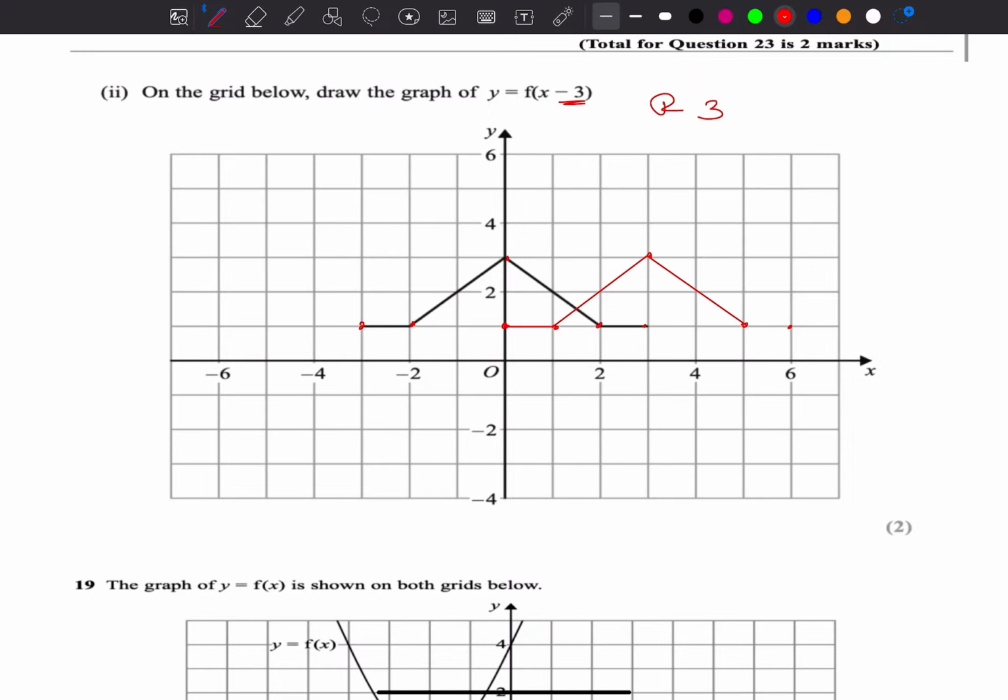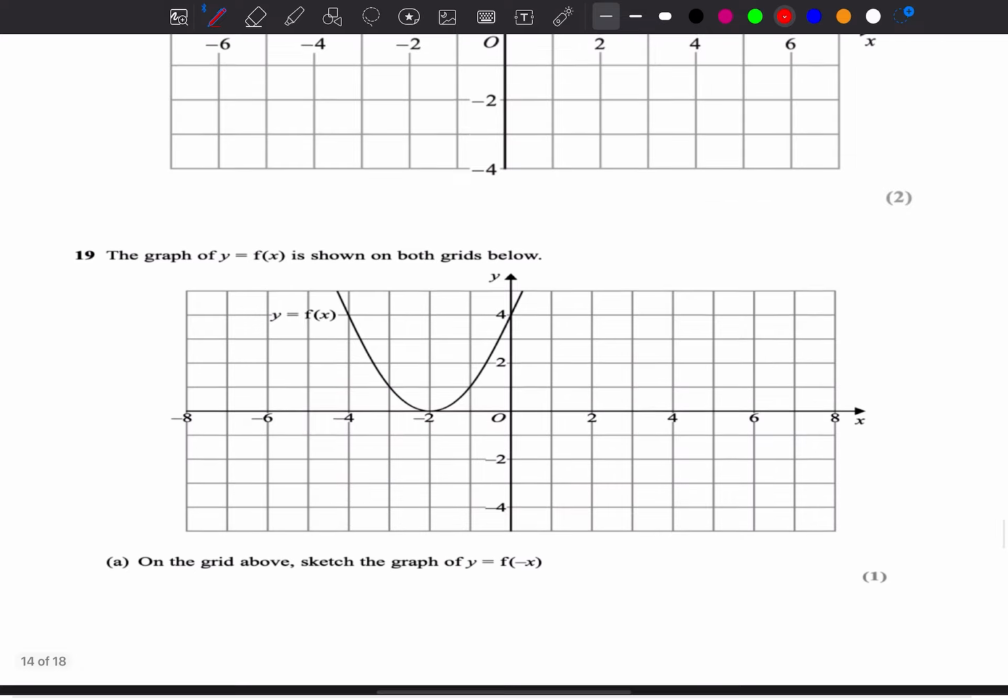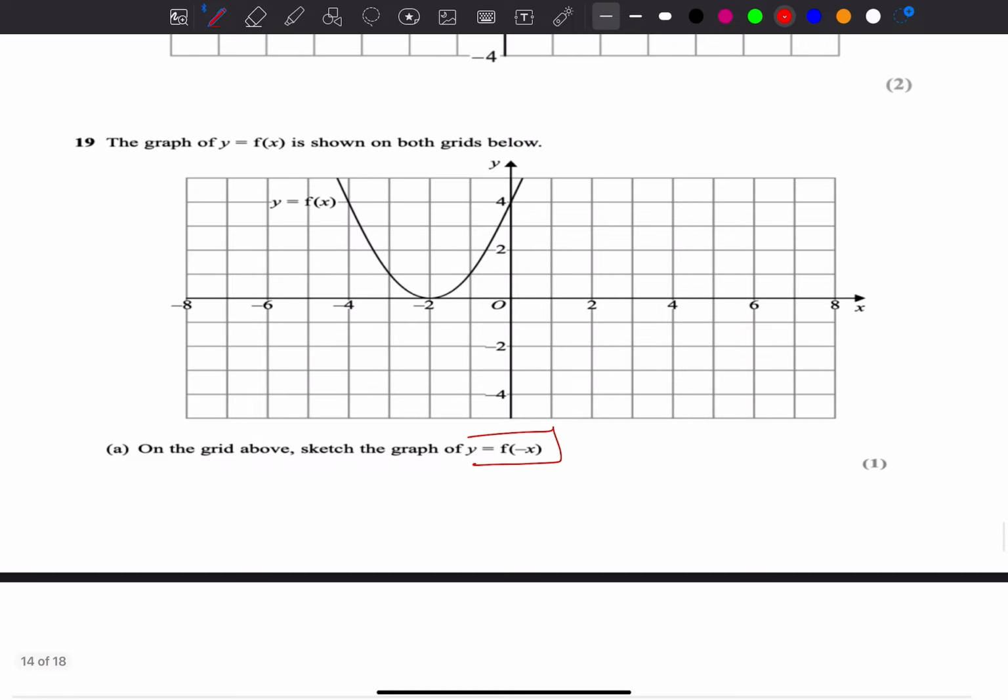Move point by point. Don't try to sketch a graph by imagining it in your head. Never ever do that. Always point by point. This is where most people got it wrong. Reflect: if it's inside the bracket, it's not reflecting in the x-axis. That's what you think, but it's not. It's reflecting in the y-axis. That's your y-axis. Get the points down.